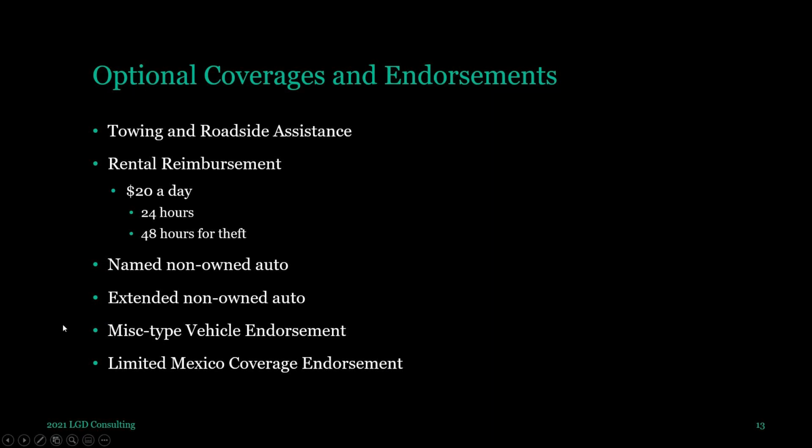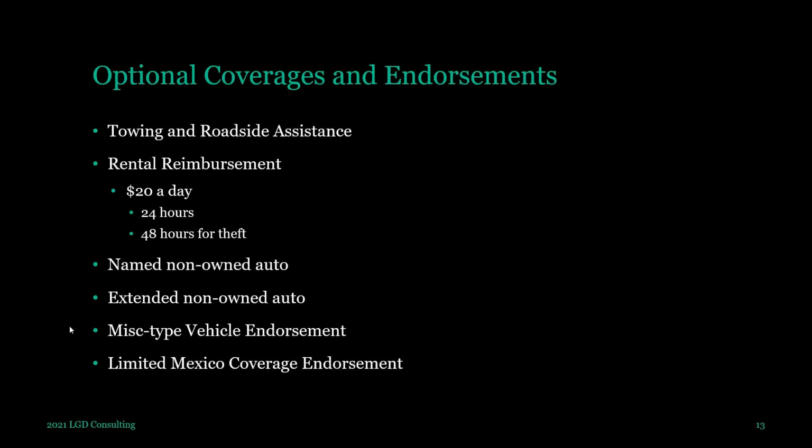All right. Miscellaneous type vehicle endorsement. This is tricky because there's no such thing as a motorcycle policy. There's no such thing as motorcycle coverage for the test. In the real world, they use it all the time. Hey, you get motorcycle coverage, right? Or you buy motorcycle insurance with us. But it's really, there's no such thing as a motorcycle policy.